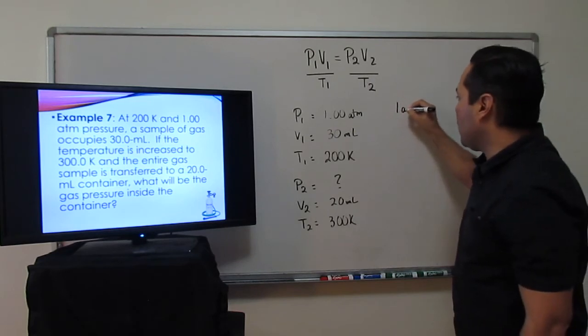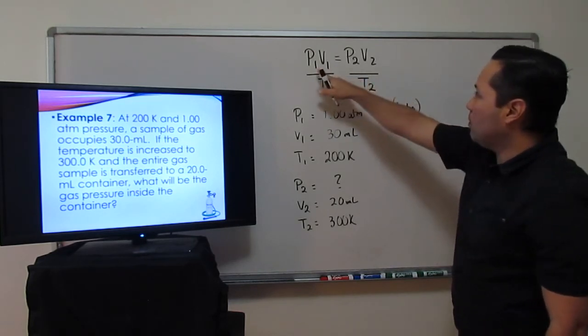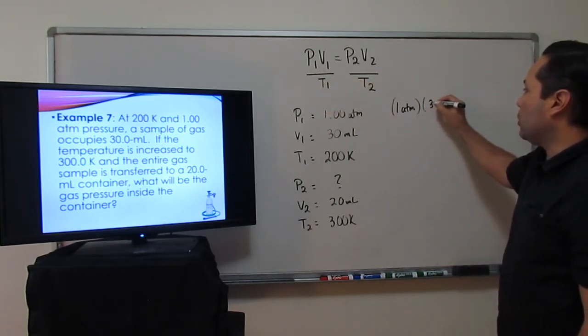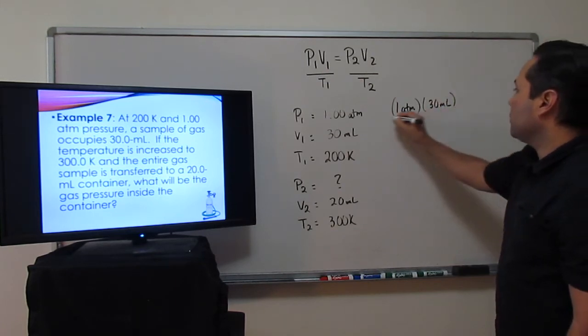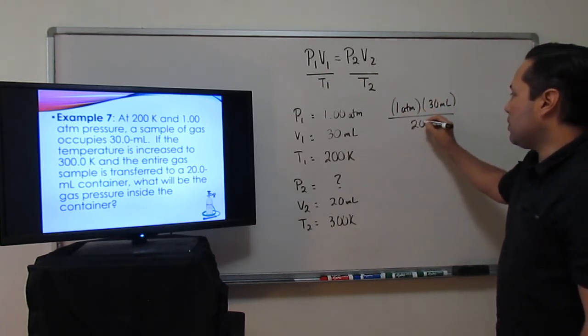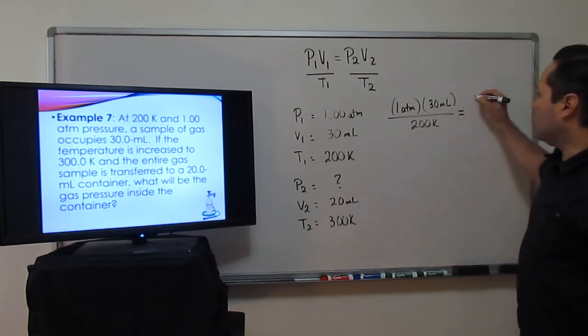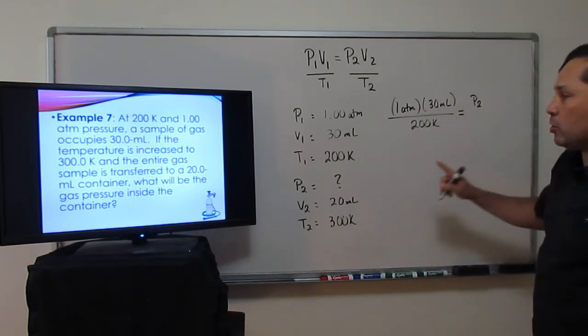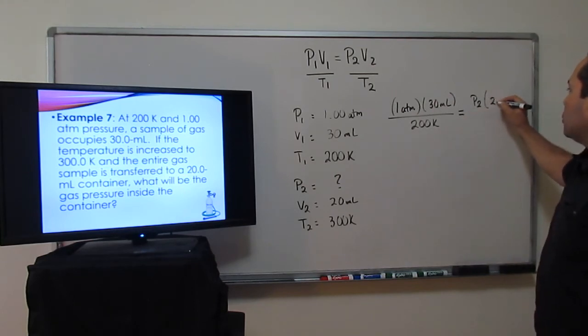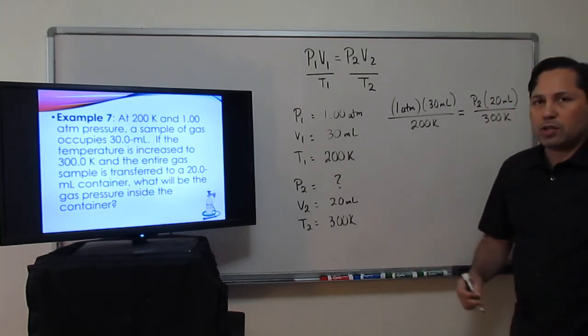So we have 1 atm for the initial pressure, P1. V1 is 30 milliliters divided by the initial temperature of 200 Kelvin, and that equals P2, which is what we're solving for, the new pressure, multiplied times 20 milliliters divided by 300 Kelvin, which is the new temperature.